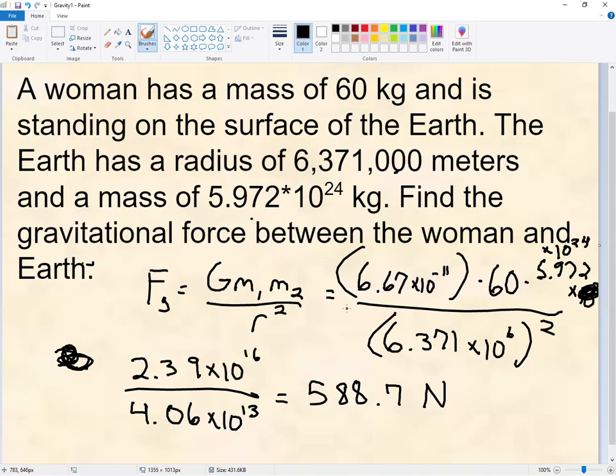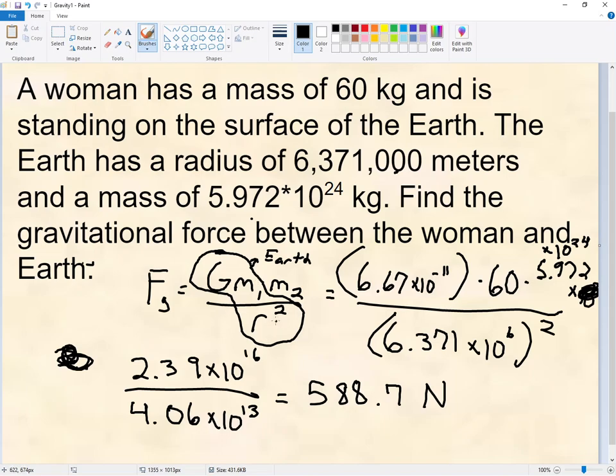I want to point out real fast, for all objects on Earth's surface, we can make an approximation. If M1 is the Earth's mass, then all of these things right here are basically the same for all objects on Earth's surface.